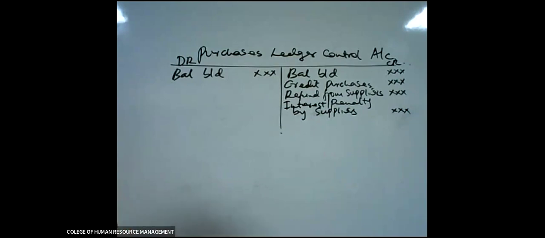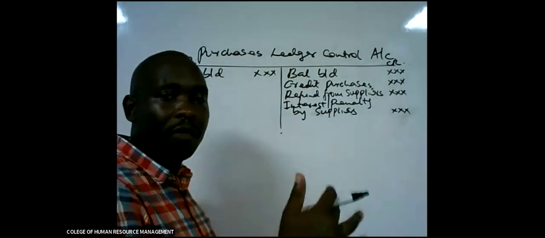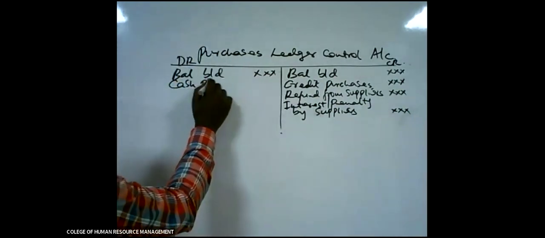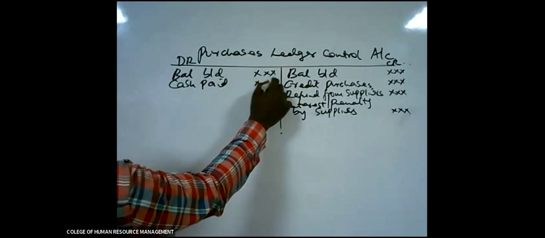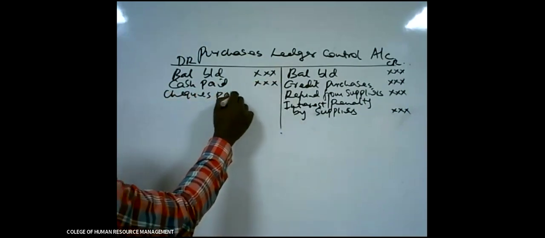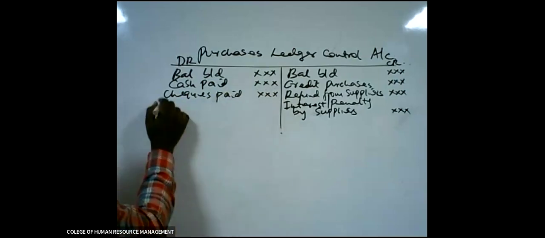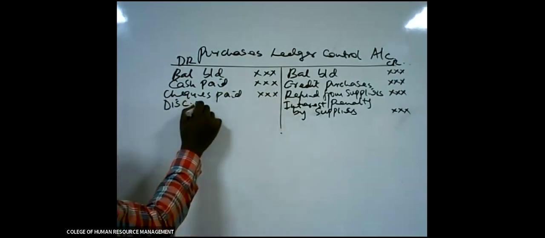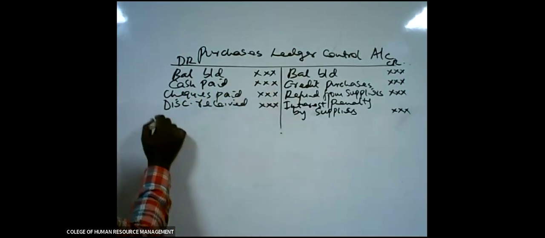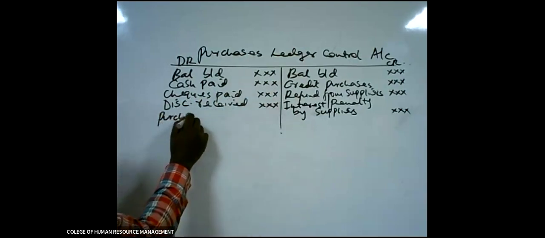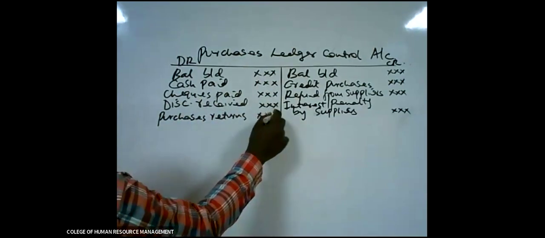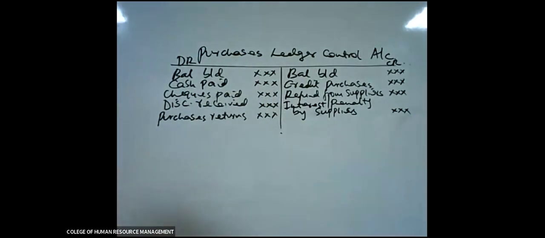So what you debit is what will reduce the liability that you have to the suppliers: cash paid, checks paid, discount received, purchases returns. Remember, purchases returns is also known as returns outwards.